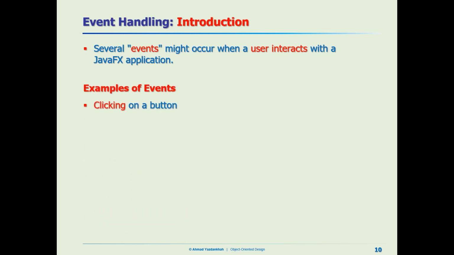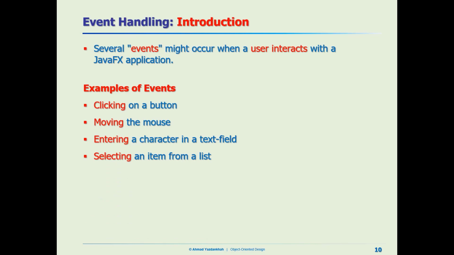Let me take some examples: clicking on a button, moving a mouse, or entering a character in a text field. All of these are events. We have a lot more, for example, selecting an item from a drop-down list, or scrolling a page.